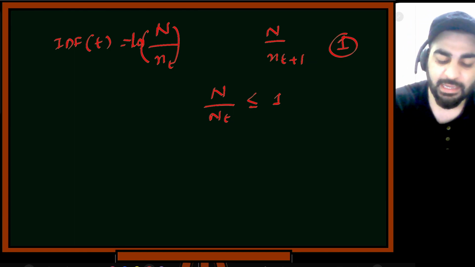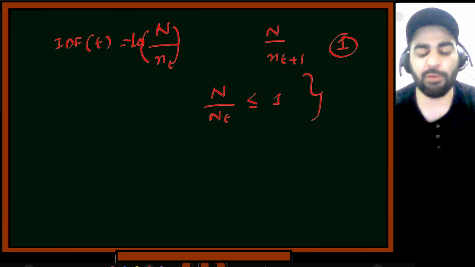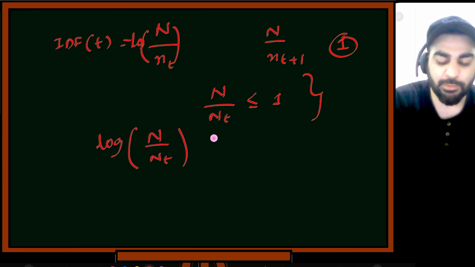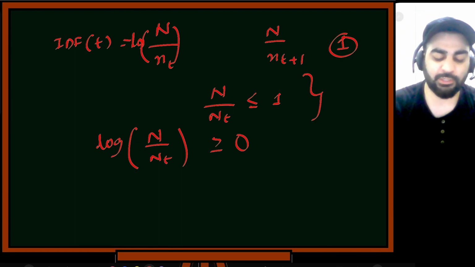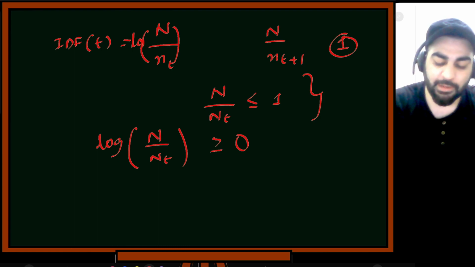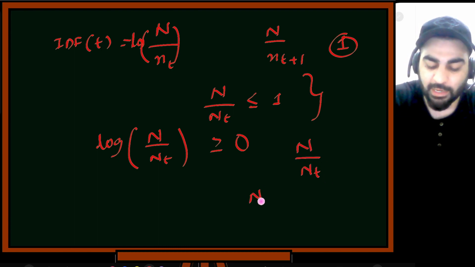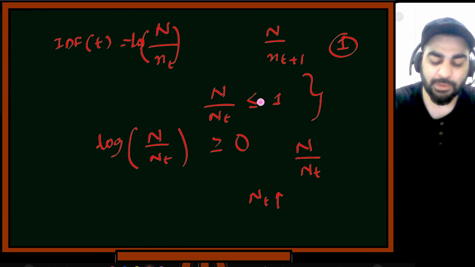Now if you apply log on this, log of n by nt will be greater than or equal to 0. If this nt is going high, this number will become much lower.